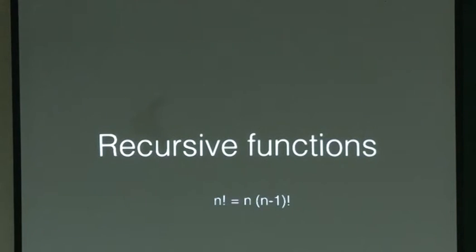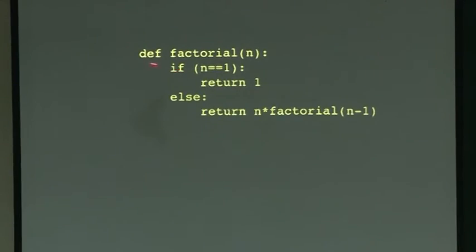It is a very useful idea in nature, like fractals, which are defined by themselves. This is allowed in Python, so I can define the same factorial function using this definition: factorial n will be n into factorial n minus 1. However, if I just write this, it is going to go into an infinite loop.